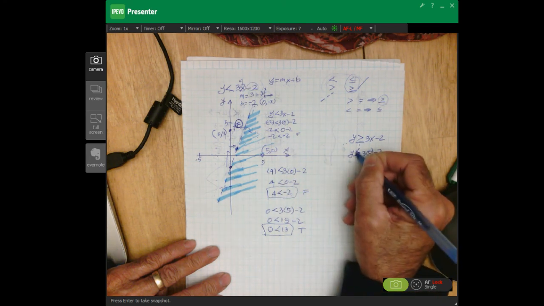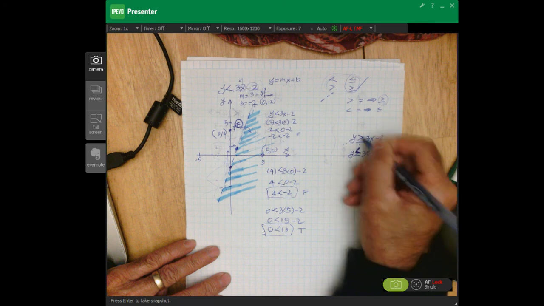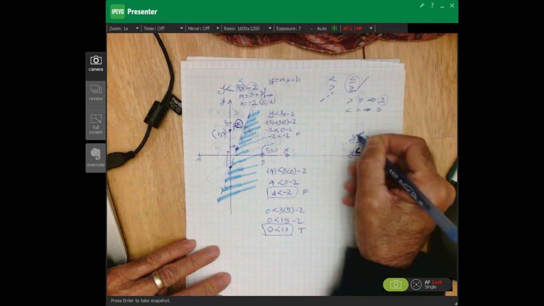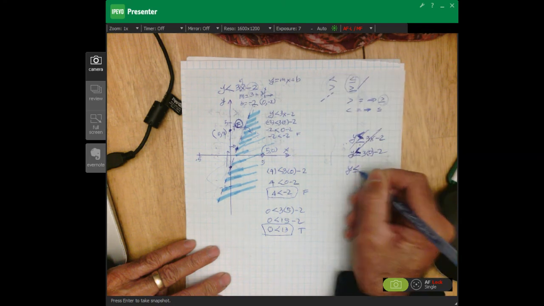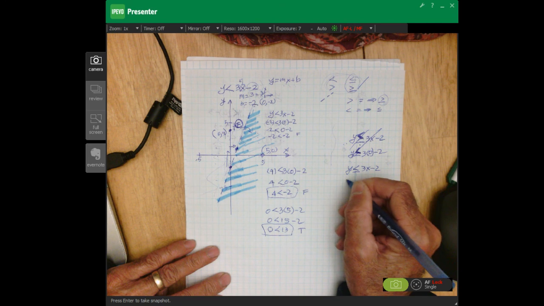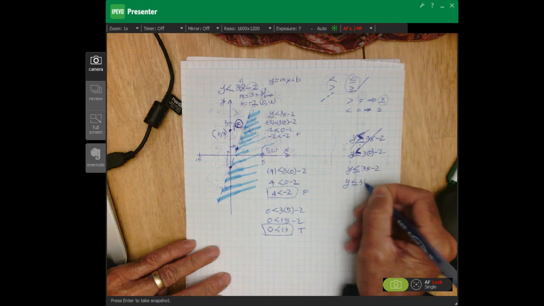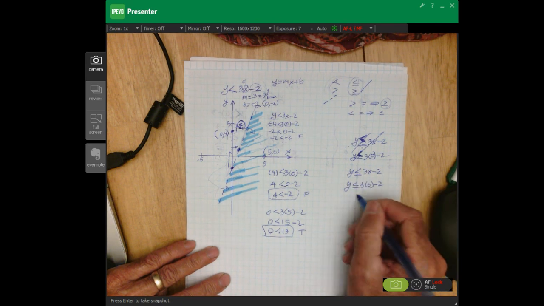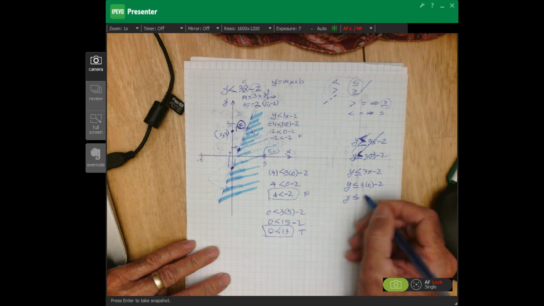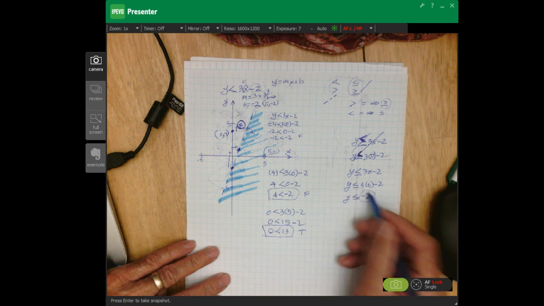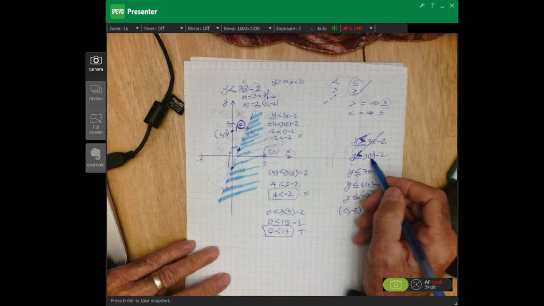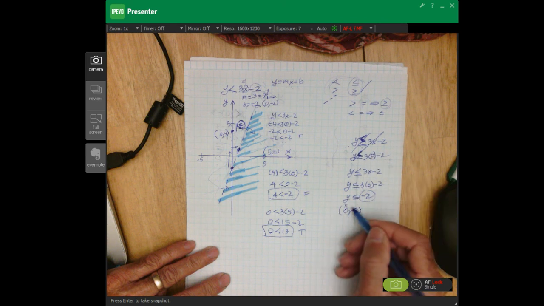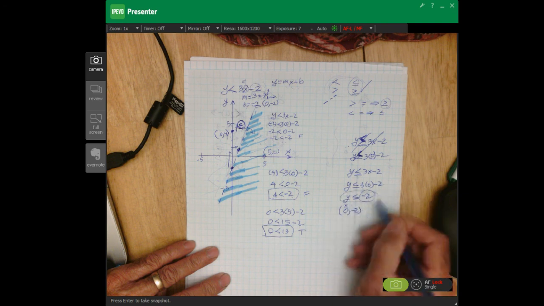Oops, I have this going the wrong way, I'm sorry. Okay, in this case, now if we use our table and we say y is negative 2, now our point is (0, -2). Remember, we picked x equals 0 first, so our point (0, -2), this one would be true, right?